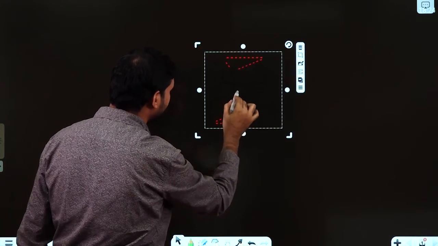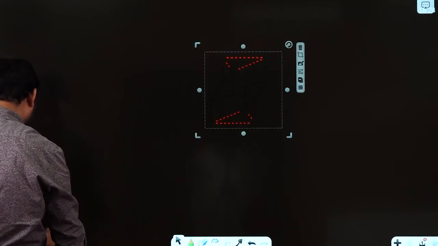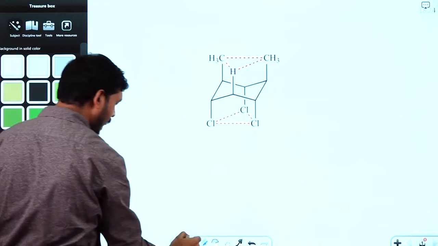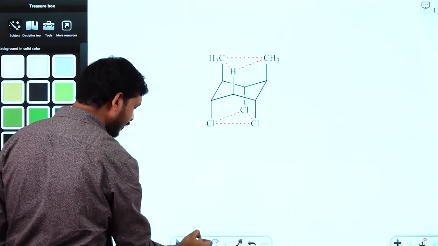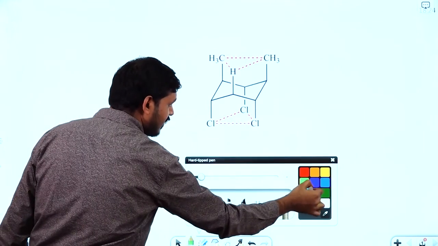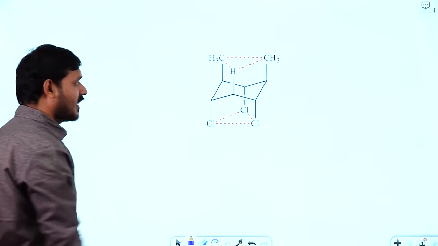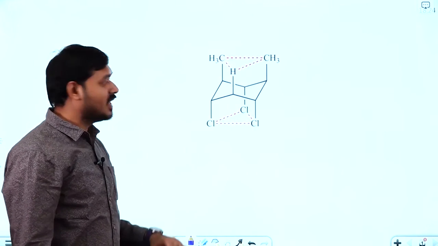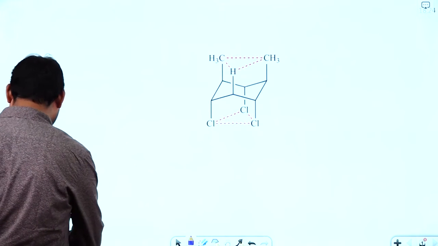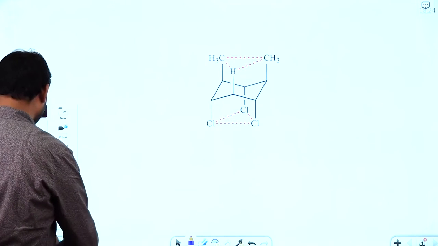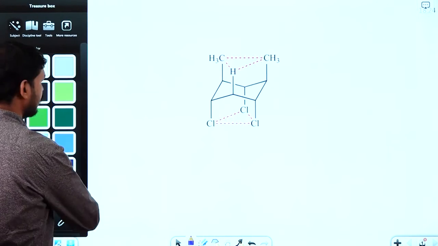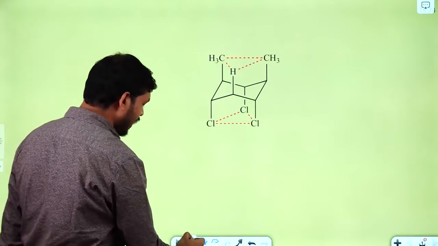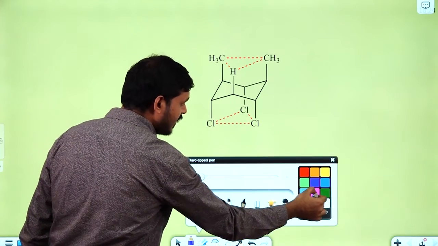Now first of all, I think you must not be able to observe. Okay friends, so let's observe this image perfectly, what it is telling. So in this image, okay, I think now it is perfectly visible to you, right?